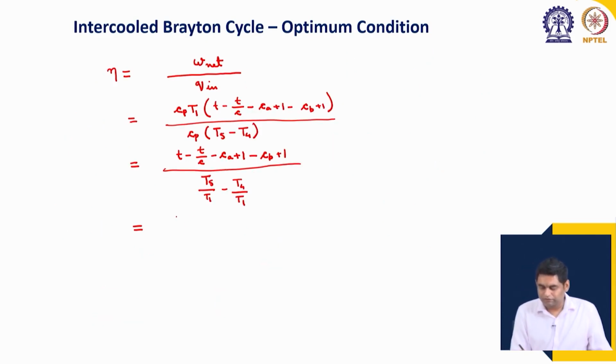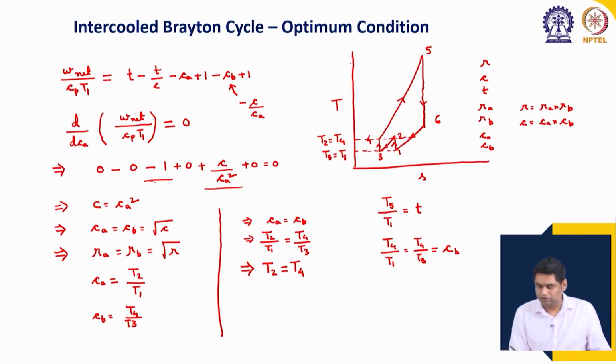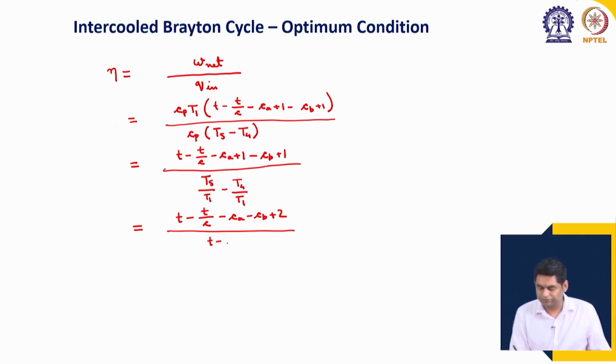So, now we have (T minus T by C) minus CA minus CB plus 2 by T minus CB.